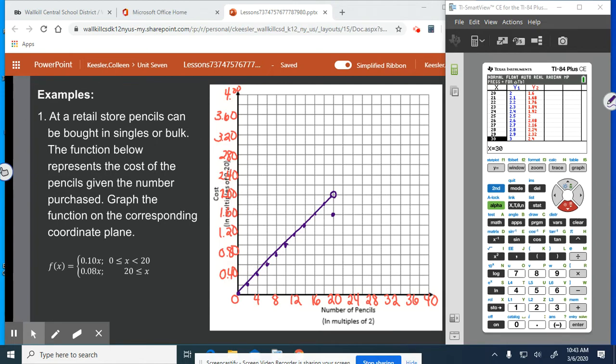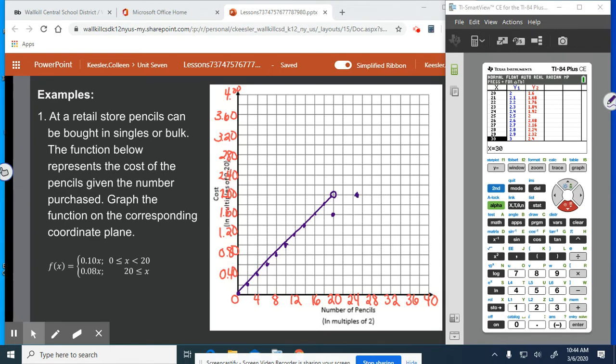So 21 is going to be at $1.68. 25 is going to be at $2. So it might be easier to just graph the ones that are whole numbers, so I'm not really estimating. So 25 would be between 24 and 26, and $2 brings me to right here.